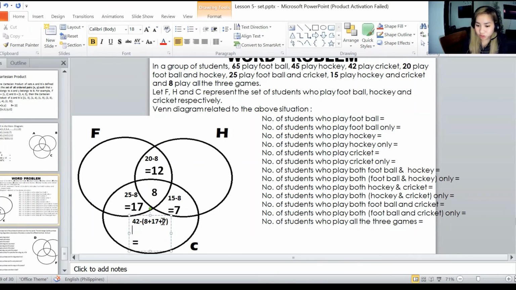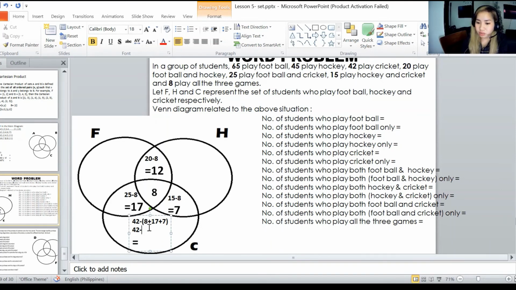So 42 minus, what is the total when we add 8, 17, and 7? Copy 42. Then adding 8 plus 17 plus 7, the answer is 32.